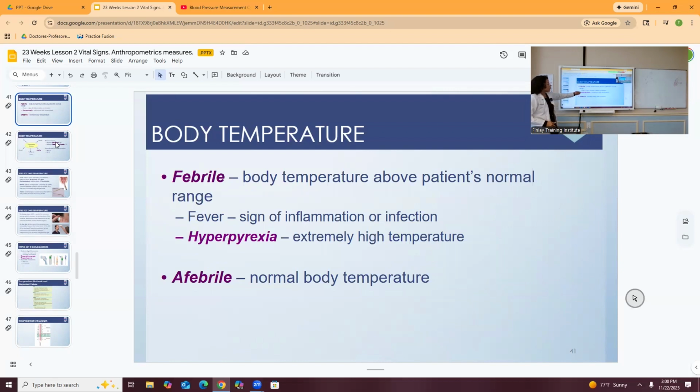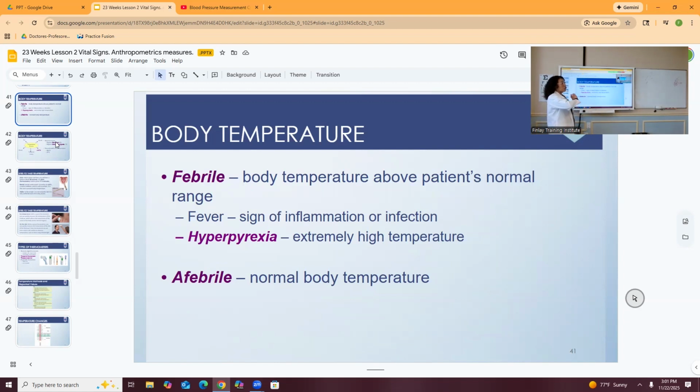In here, we're going to identify two different types. Number one is the fever. Fever is going to be a sign of any inflammation or any infection in the body. This is the sign of the body trying to fight something that is not supposed to be in there. So anything above 100.4 becomes febrile state, and it's a fever. But then we're going to have hyperpyrexia.